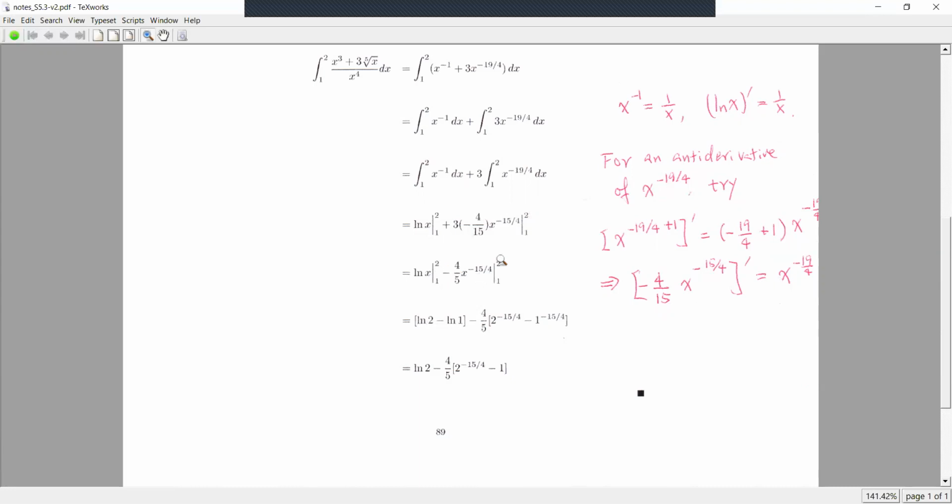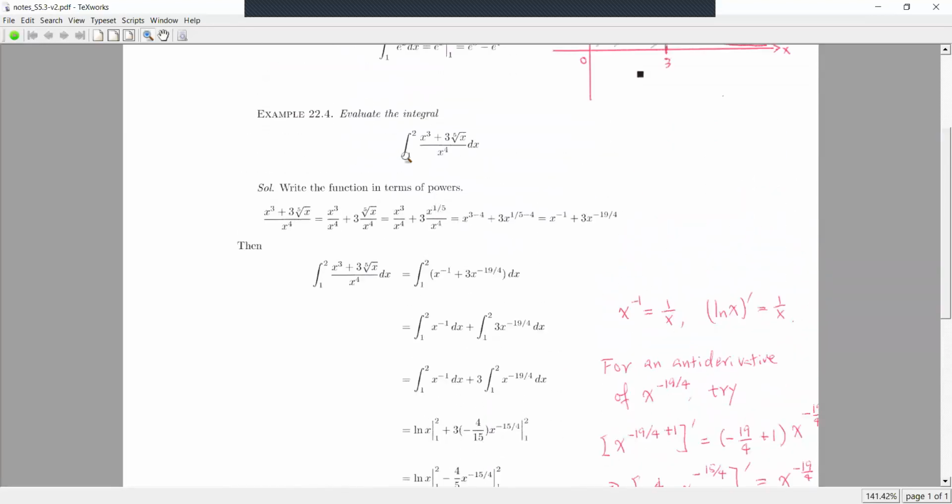Plug in 2 in this function, then we get 2^(-15/4) minus 1, plug in 1, 1^(-15/4). Now simplify a little bit. Natural log of 1 is 0. 1 to the power negative 15 over 4 is 1. Then we get the result here. This is the value of this integral.